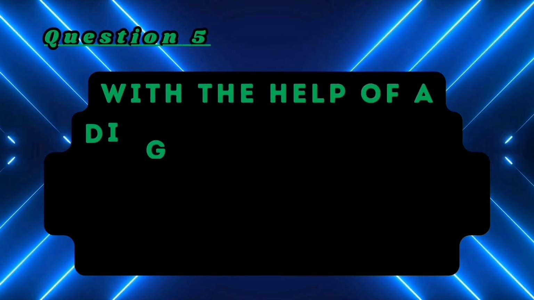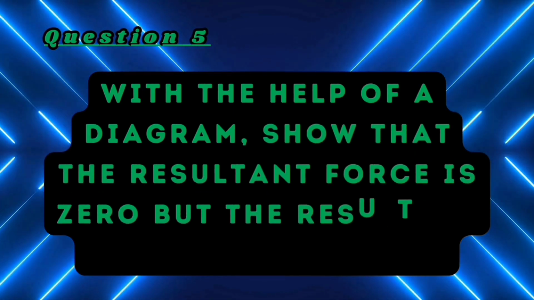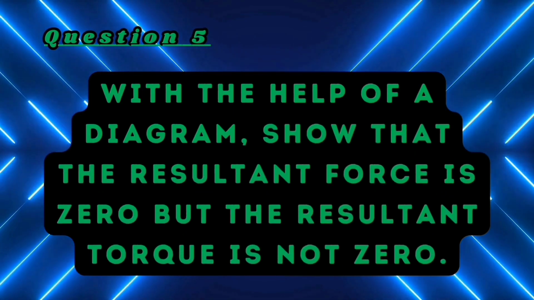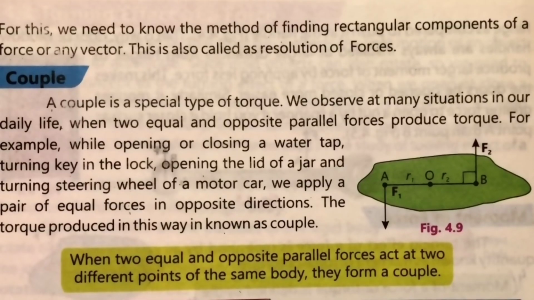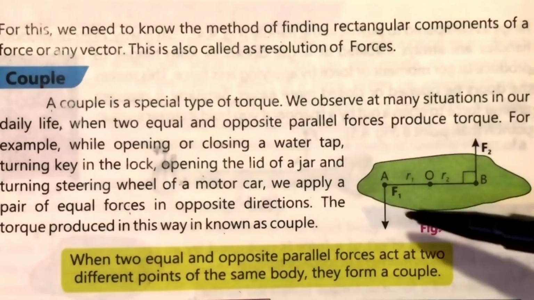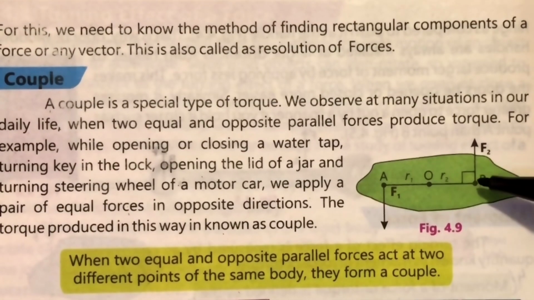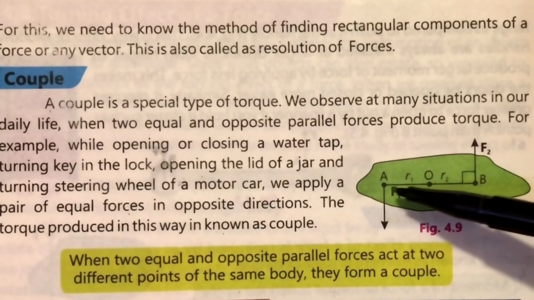Question number 5. With the help of a diagram, show that the resultant force is 0 but the resultant torque is not 0. It is a required diagram because in this diagram, two equal and opposite parallel forces are acting on an object.